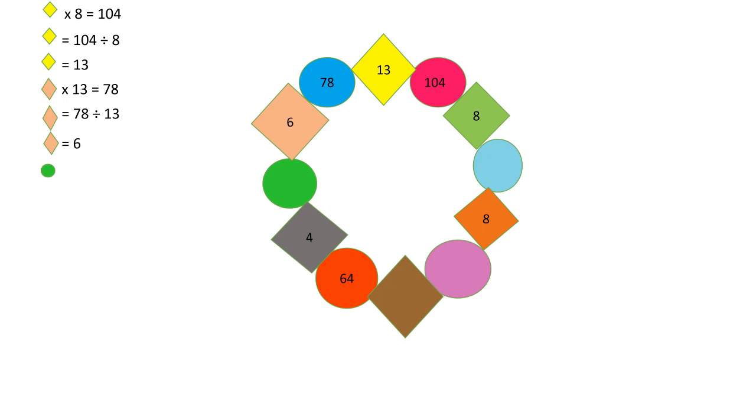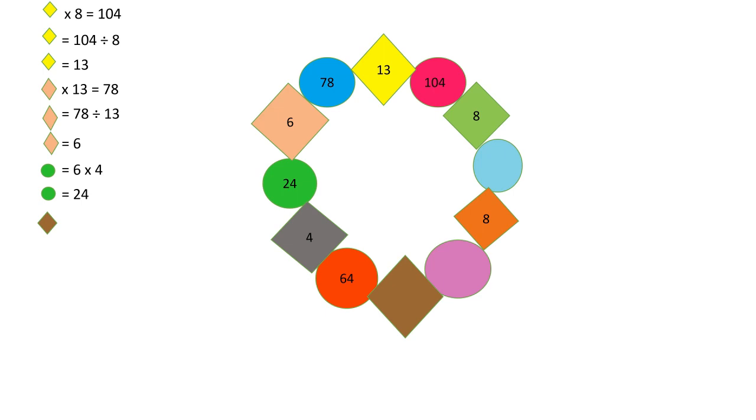Now the green circle. We need to find what should come in the green circle. According to the rule, when the two square boxes are multiplied, the result comes in between, in the circle. So for the green circle, we should multiply 6 and 4. So the value of the green circle should be 24.